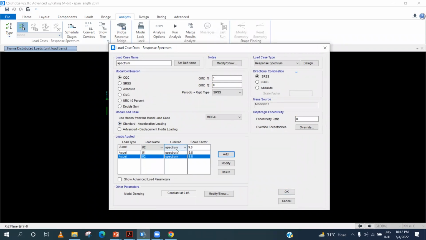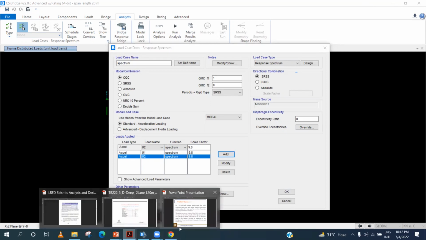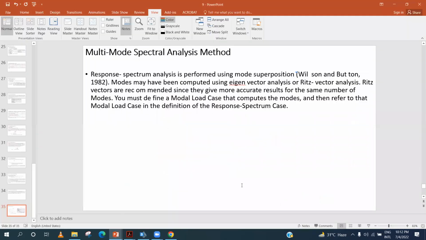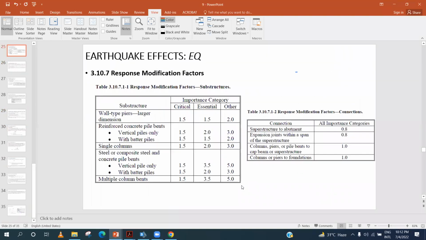I told you that when we perform analysis, we take into account the effect of the response modification factor based on our bridge. The bridge we are using is categorized as other bridge, and we have multiple column bents.